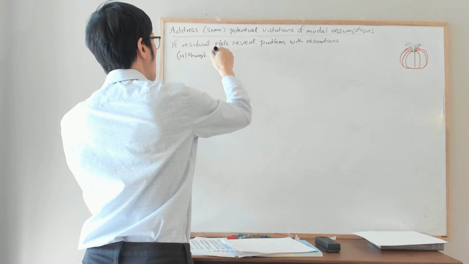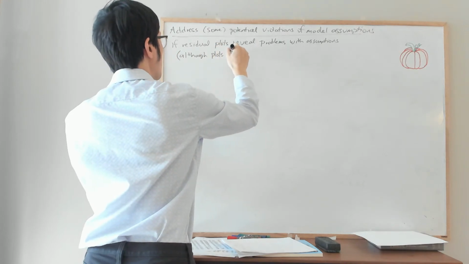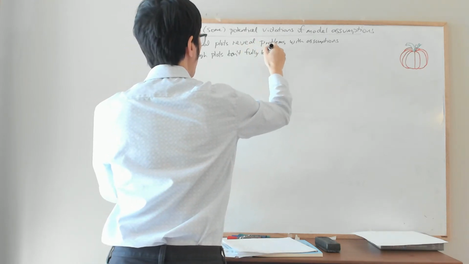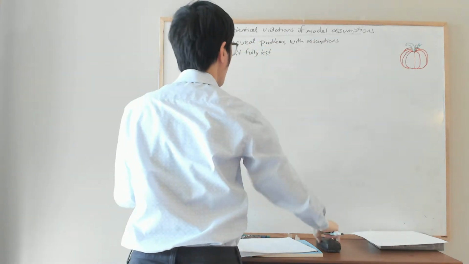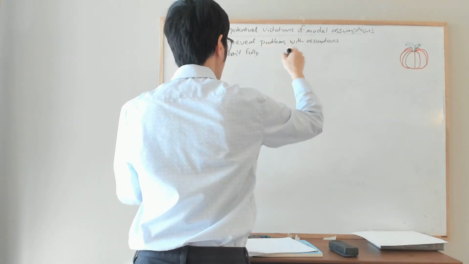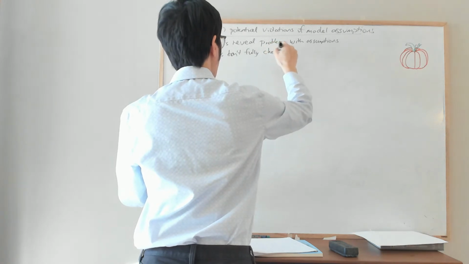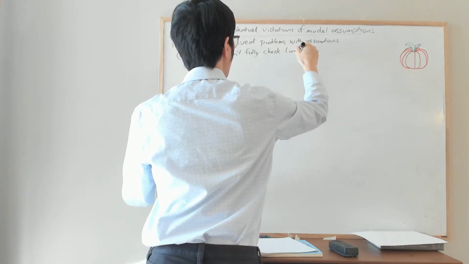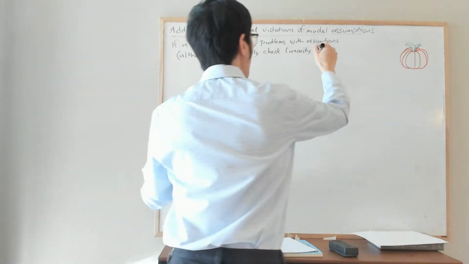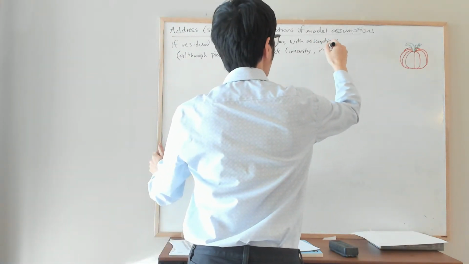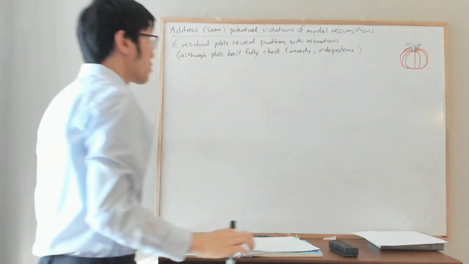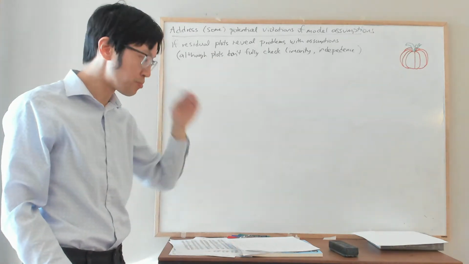The plots don't fully help us check things like linearity, the correctness of the linear relationship, and independence of all the errors. Okay, so we can only do that to some extent.